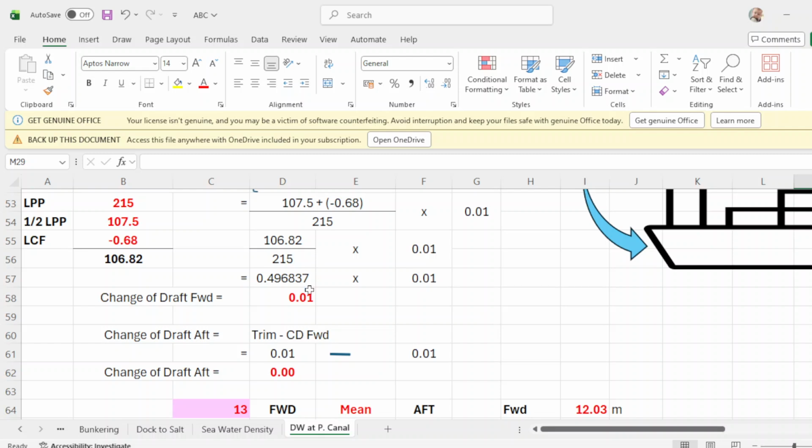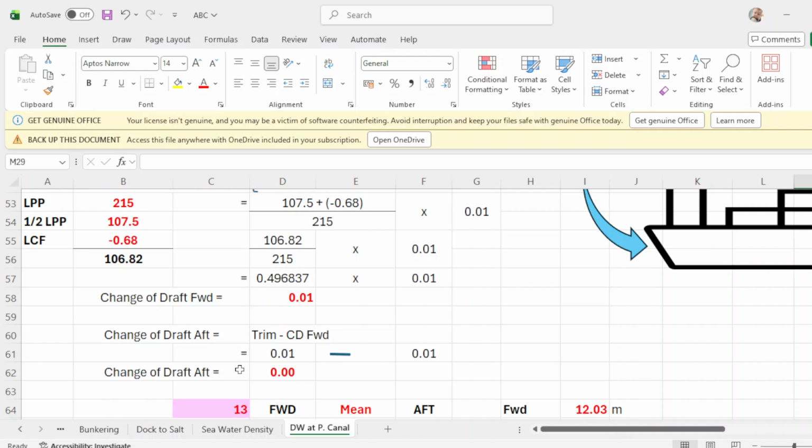You divide this one, the value will be 0.496837. You multiply with your trim, and the change of drop forward will be 0.01. This will be your change of drop forward.